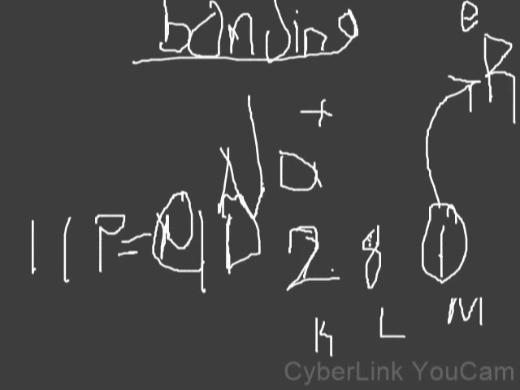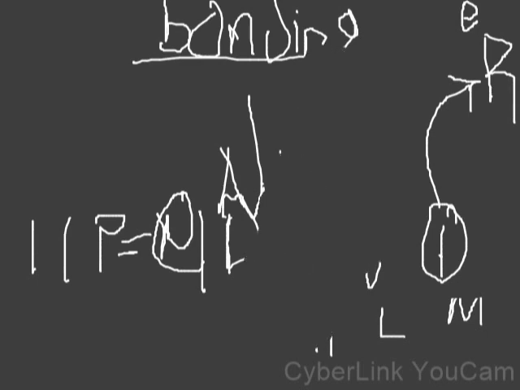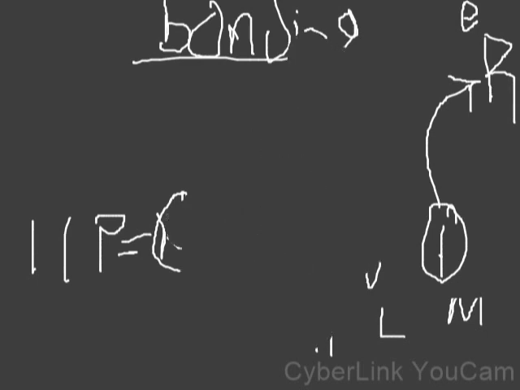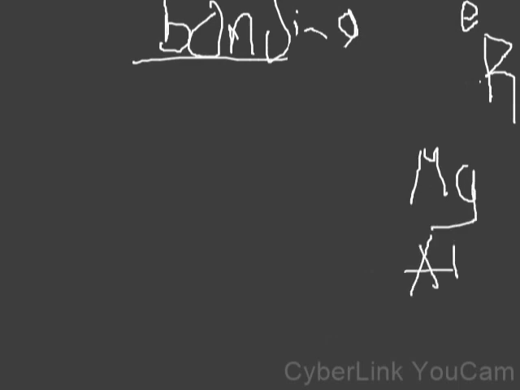This is what happens to all the metals that go into ionic bonding. We'll go to ionic bonding later. For other metals like magnesium and aluminium, magnesium loses 2 and aluminium loses 3 electrons.